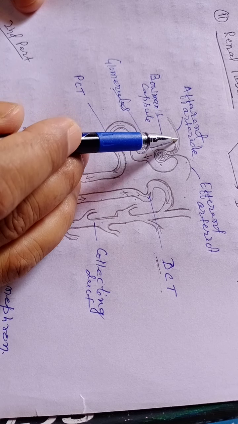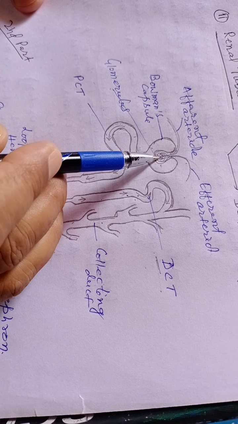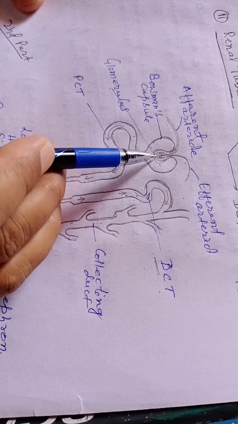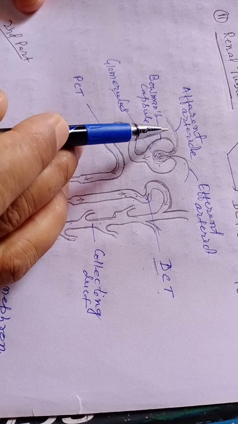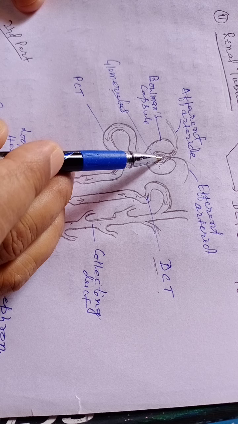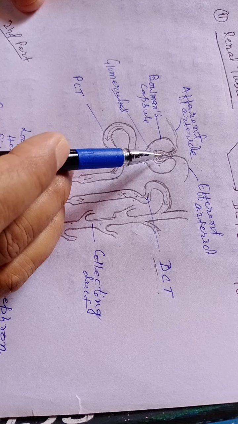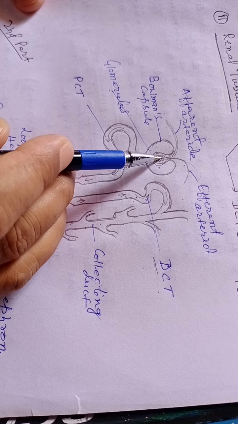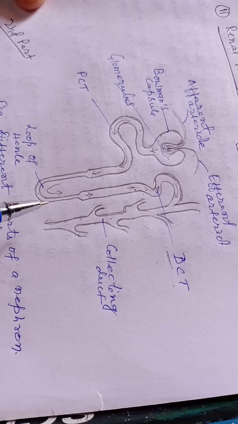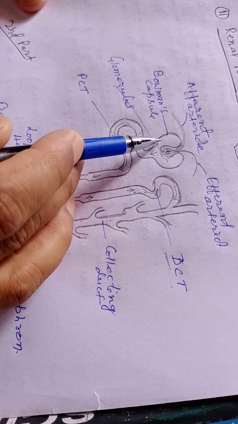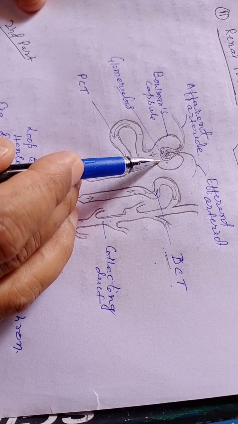As the diameter of afferent is more than these fine blood vessels, it will exert a pressure, and due to that pressure, through the blood, certain waste material along with certain useful things like water, glucose, salt, etc. are also pushed in the lumen of Bowman's capsule.